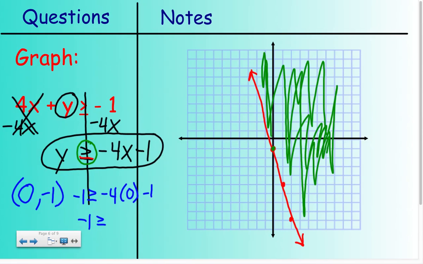Negative 1 is greater than or equal to negative 1. Is negative 1 greater than or equal to negative 1? Yes, it's equal to it. So with a solid line, those coordinate points are included in your solution. So your solutions are everything in the green and that red line. All the coordinate points in the green and the coordinate points on that red line.